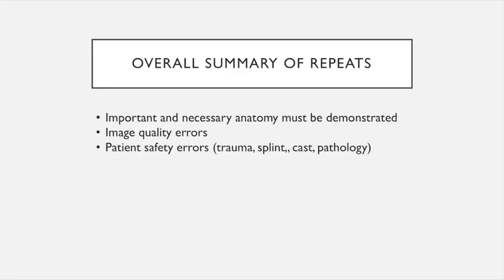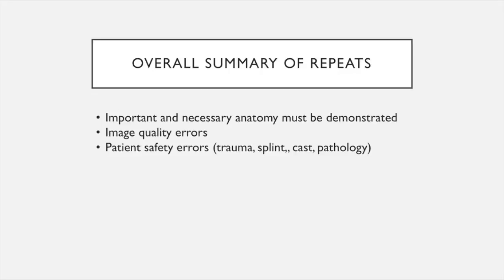All right, to sum things up, here's an overall view of why technologists make repeats. The important and necessary anatomy must be demonstrated. So for example, if certain joints such as the glenohumeral joint are closed or the scapula is not seen in profile, then these are all reasons why images must be repeated in order to get that perfect angle and that open joint, because that's the whole point of taking these images.